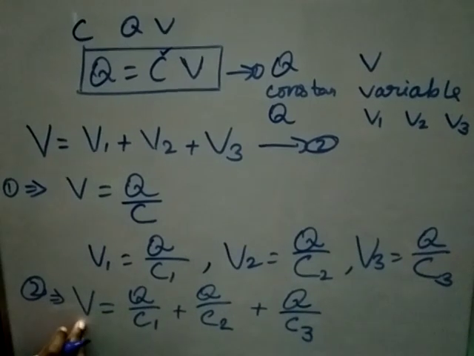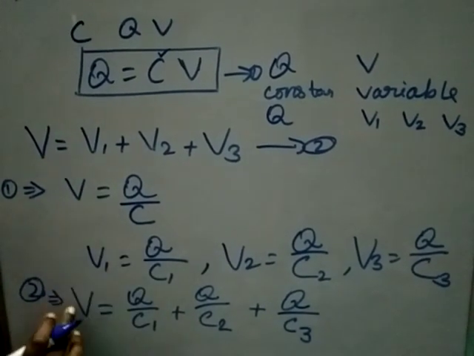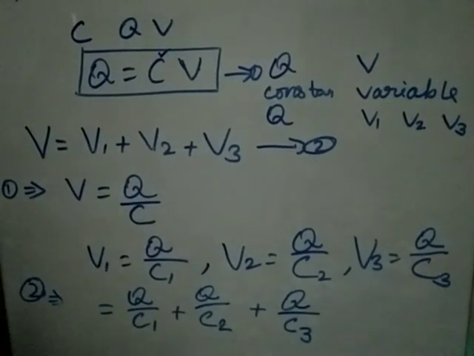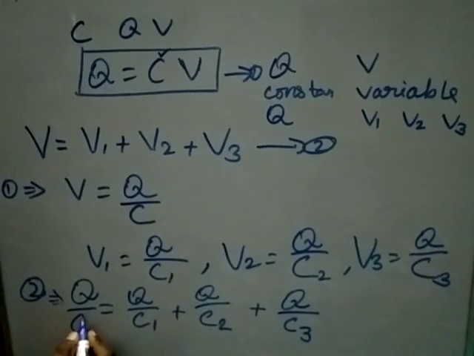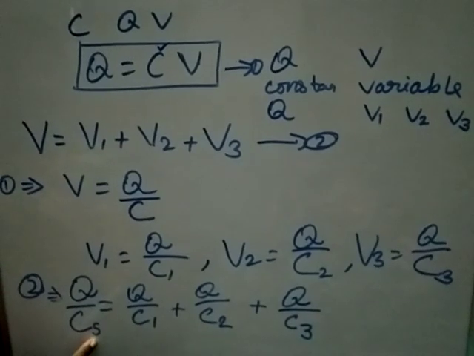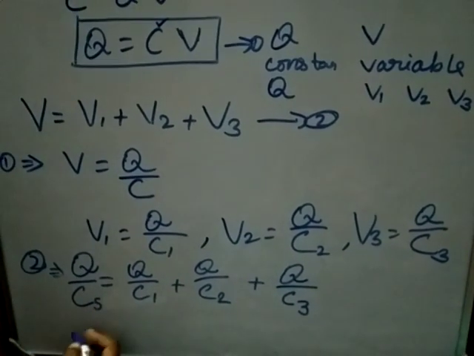Now the value of V is equal to Q by C. Substitute this value Q by C instead of V. Here instead of C we are putting CS, where S represents series connection.